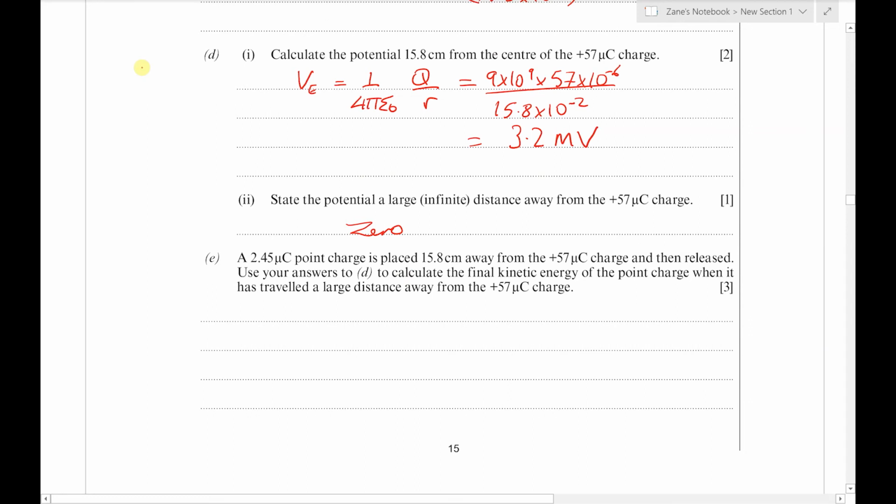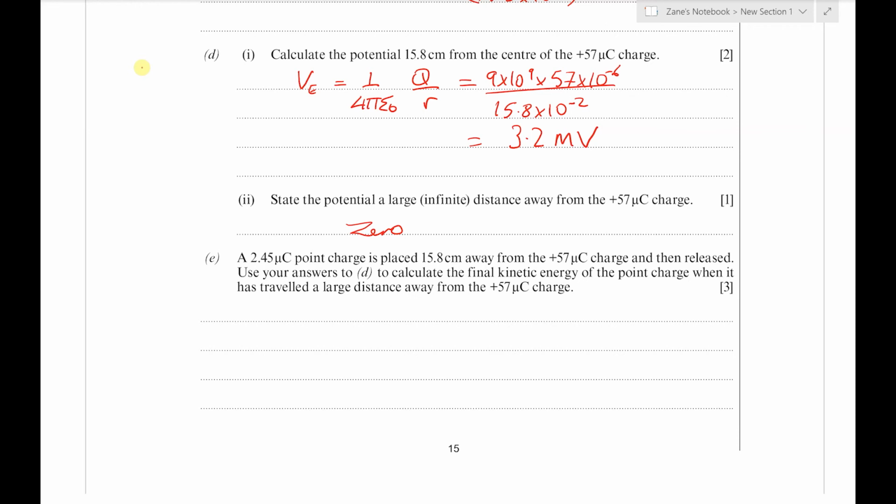For the last part of the question, a 2.45 microcoulomb charge is placed at that 15.8 centimetre distance away from the 57 microcoulomb charge and released. We're going to use our answers to D to calculate the final kinetic energy of the point charge when it's travelled a large distance away from the 57 microcoulomb charge.